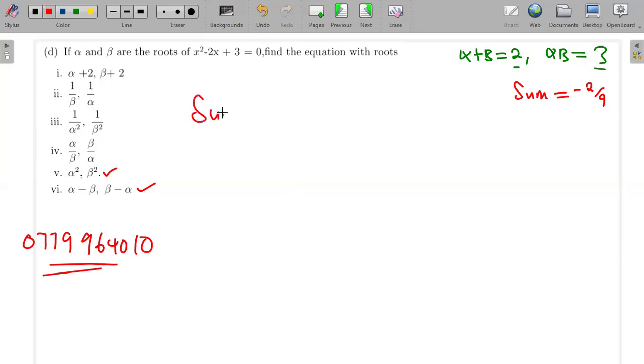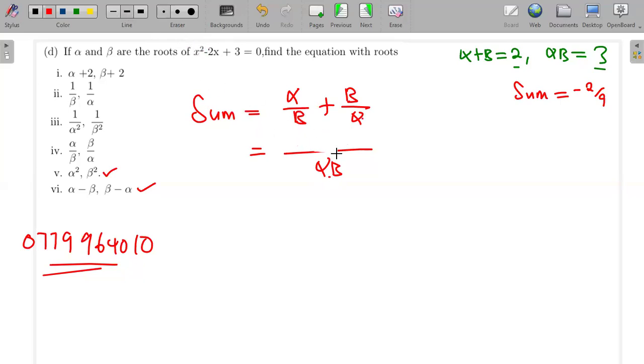So the sum is going to be equal to alpha over beta plus beta over alpha. So the common denominator is alpha beta. I got it wrong here.